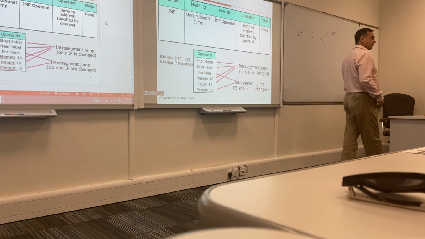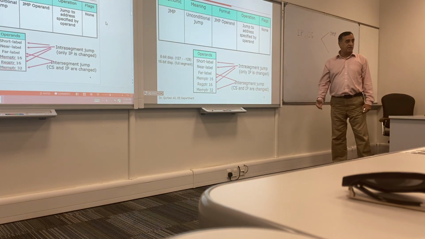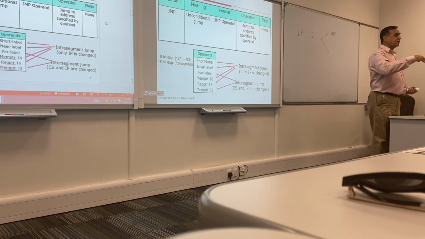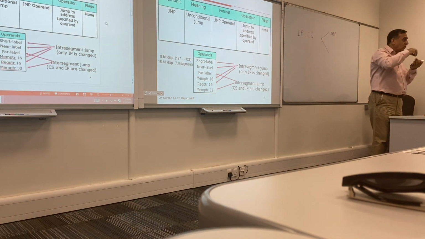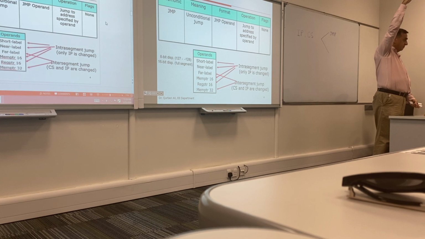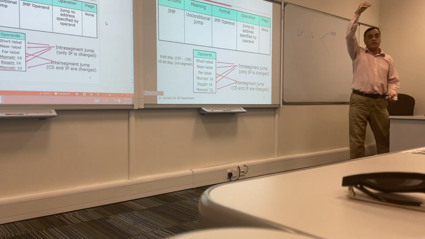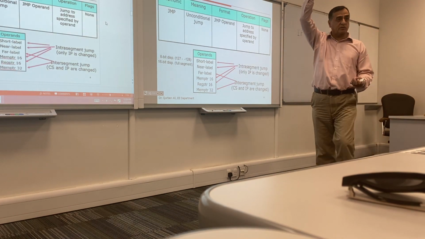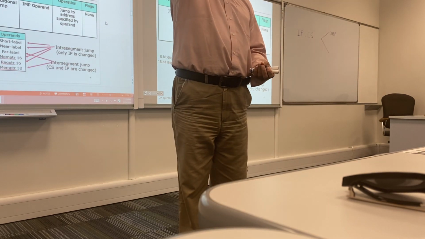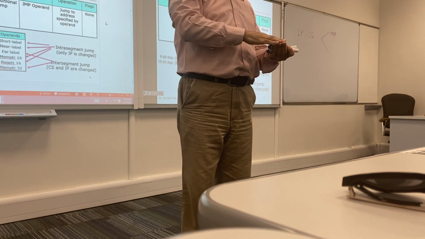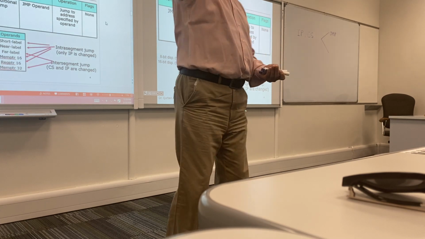But then we started seeing the whole segment, that means the jump will not be only 256 addresses, but the whole segment, which is 64K. Remember, each segment is how big? 64K. Code segment is 64K. That means the jump can be in the full segment from bottom to the top.